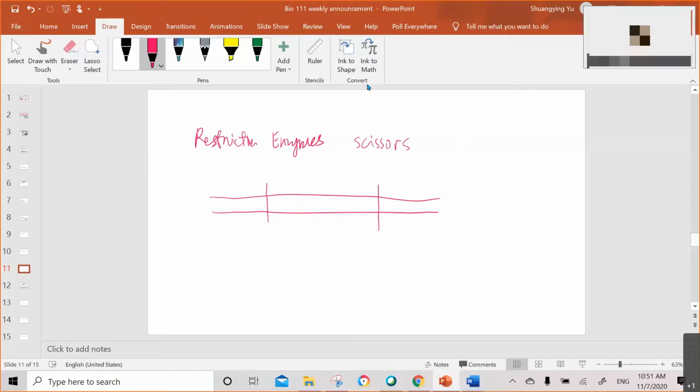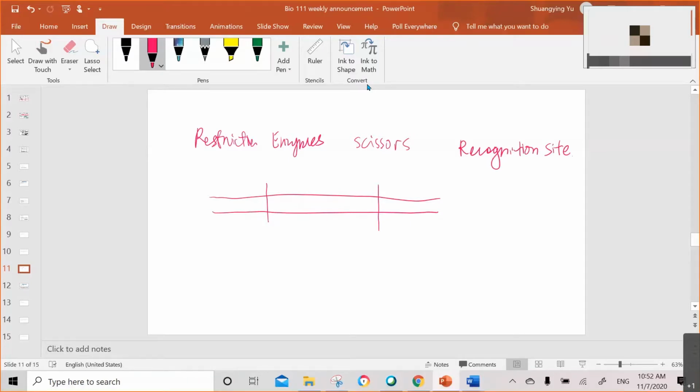All right, now, so how or where do those restriction enzymes cut the DNA? This depends on which enzyme you are looking at, because these enzymes are extracted from different bacteria, and they have their own recognition site.